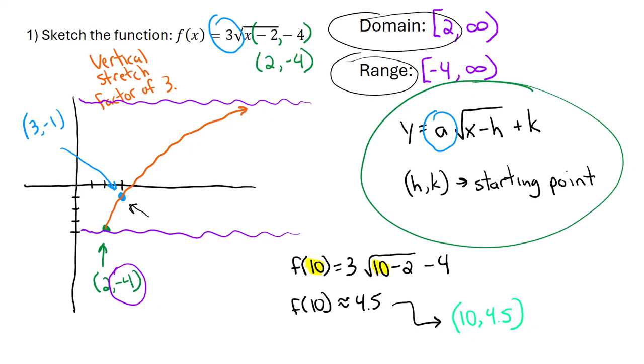And then you could graph that point on your coordinate system too. That would be somewhere up in this range. That would be (10, 4.5). Of course, you'd want to put the other tick marks in, make it nice and accurate. But that would be another way to graph a second point, just by picking any x value in this domain here, and then evaluate the function, and that would get you your y value that goes with the x value, and hence another point.